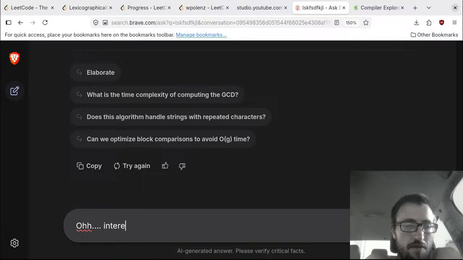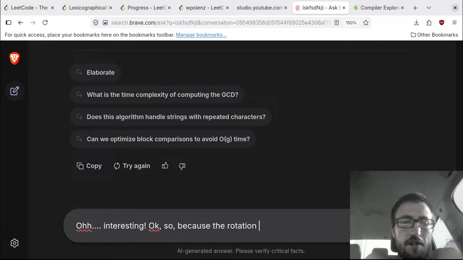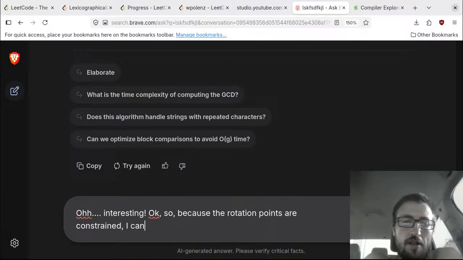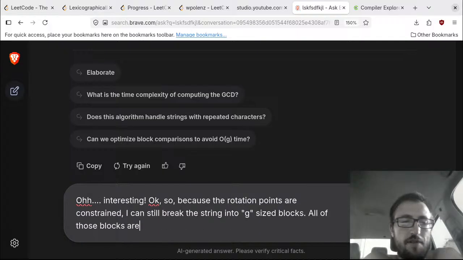Interesting. Okay, so because the rotation points are constrained, I can still break the string into g-sized blocks. All of those blocks are exactly incident on the potential rotation points.